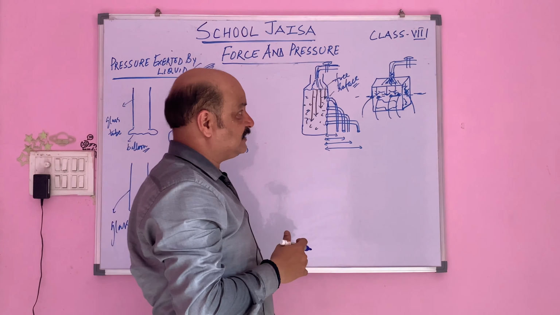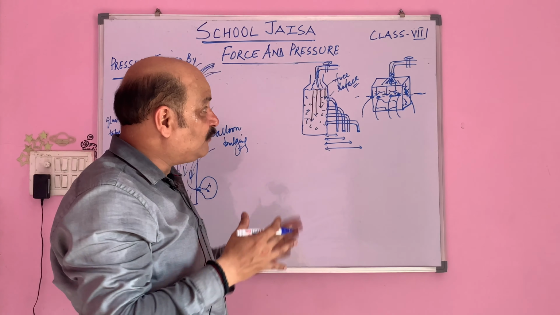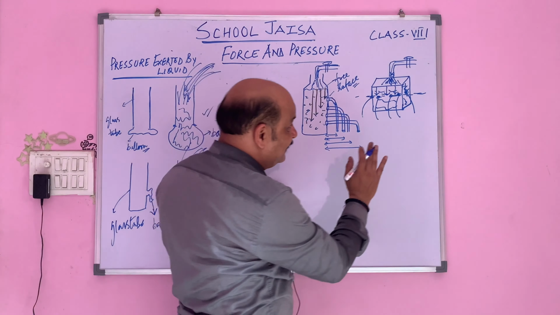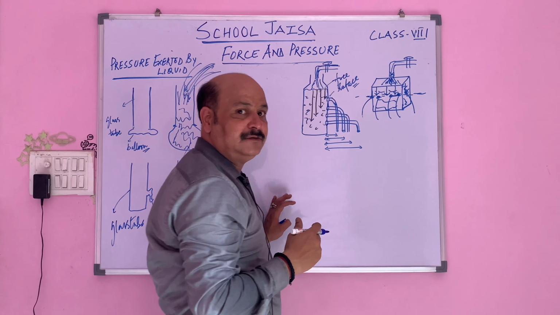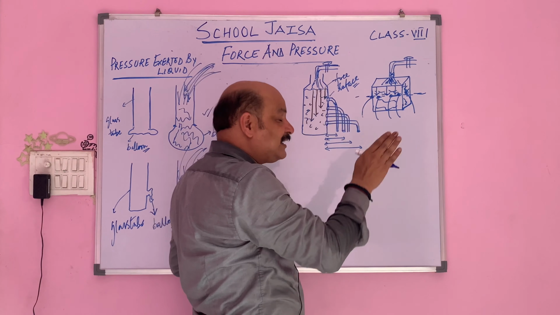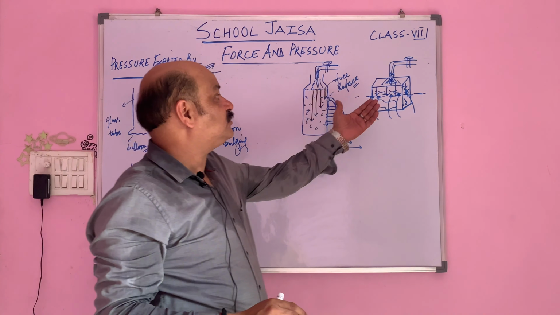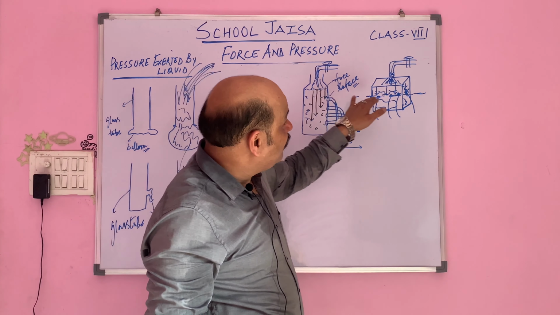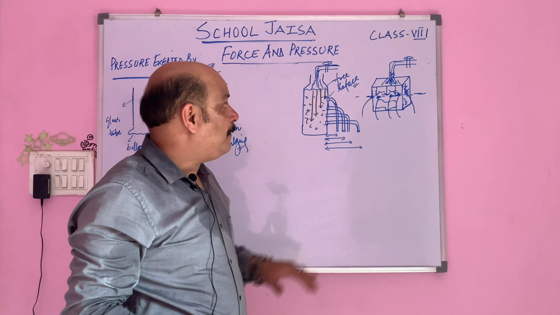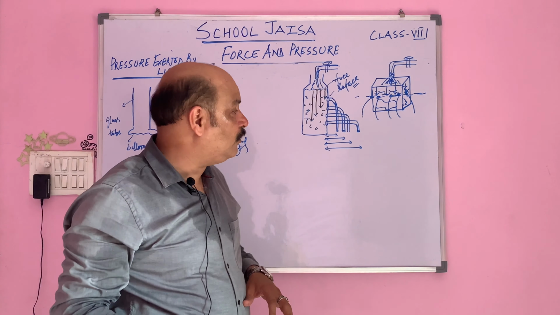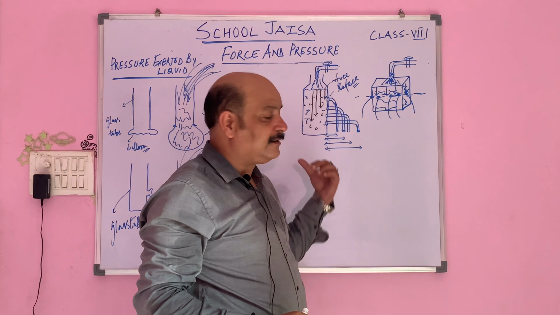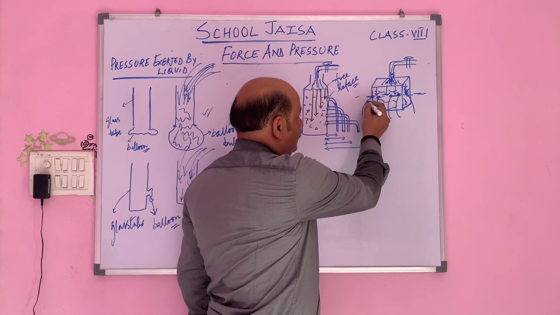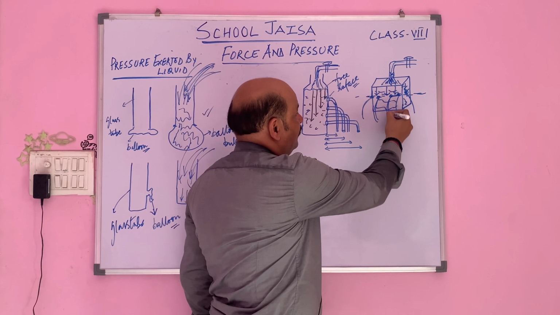Now when the water was coming out from the holes, it was observed that the water was falling at equal distance on all sides. That means it is not that somewhere the force was greater and somewhere lesser. No, an equal amount of force was acting on all the holes, due to which the water gushes out and covers equal distance. That means the water was coming out with equal force.